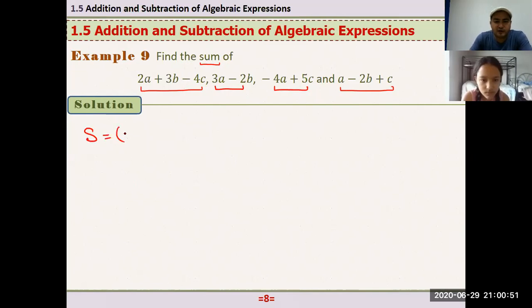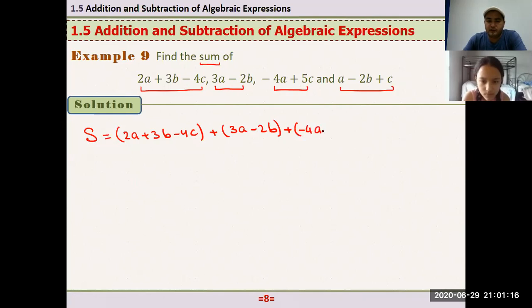So that means that we are adding these things together: 2a plus 3b minus 4c, plus the second expression is 3a minus 2b, plus the third expression is -4a plus 5c, and plus a minus 2b plus c, right? We have just written what actually we have to do here. What is the next step here?